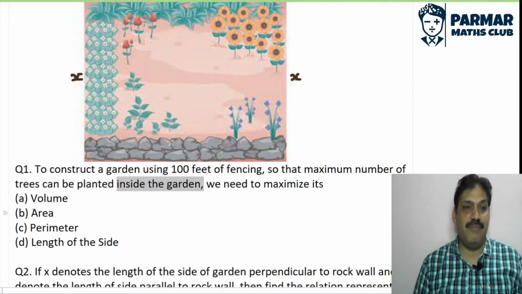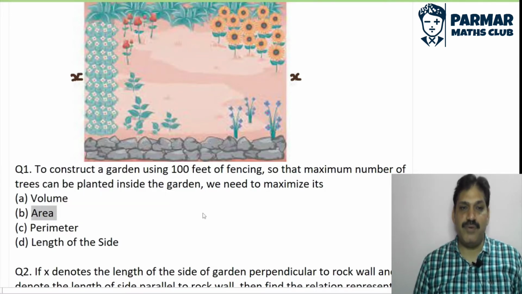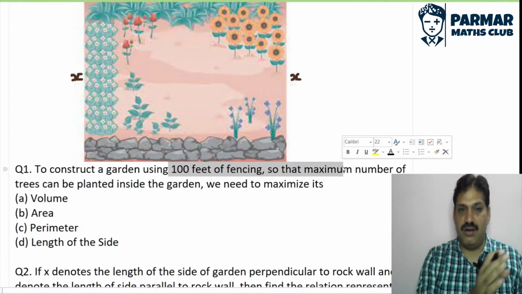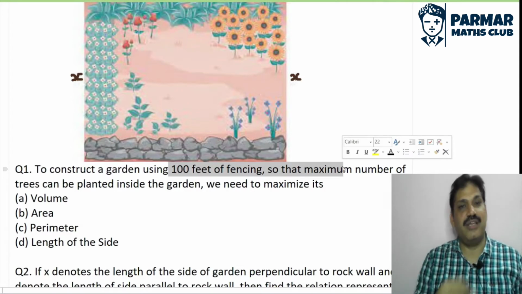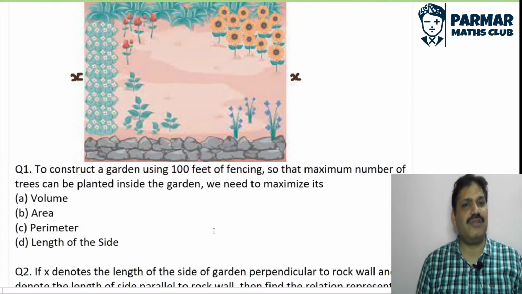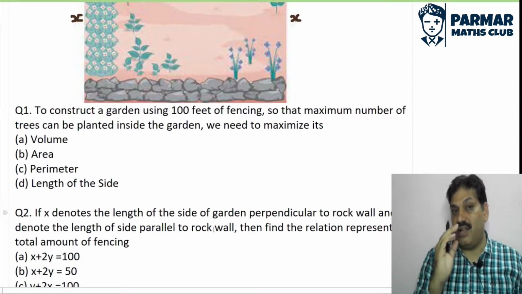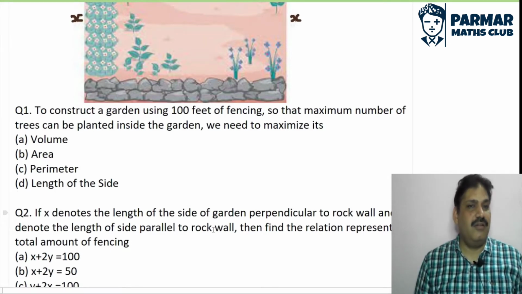For that we need maximum area. Suppose you have a confusion whether the trees are to be planted along the fence, along the perimeter, or inside the garden, then we must go for the second question. That is why I suggest you read all the questions out so that the framing of the questions will help you to solve the case study.